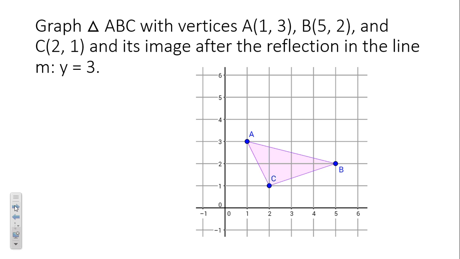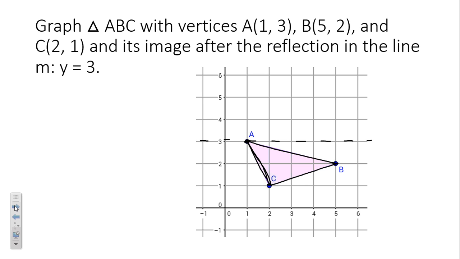So we're going to dash this line. And this point, and this point are going to be reflected across that line. So when we reflect it, where does A go?